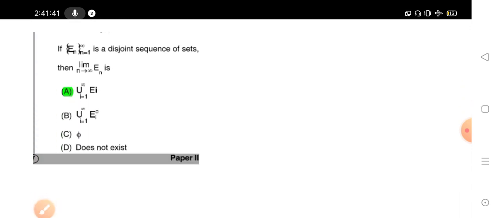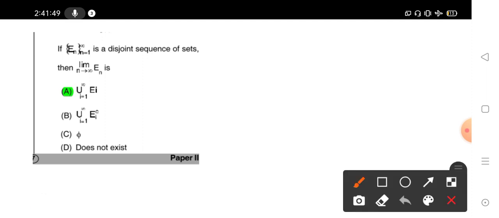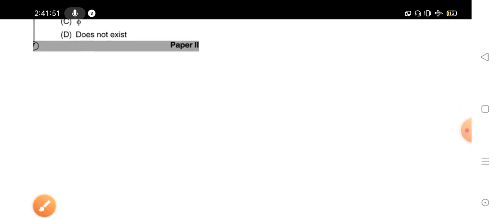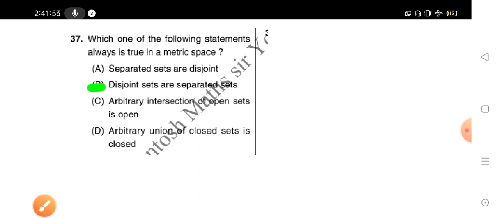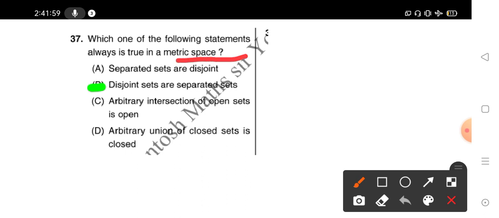Next question. If En is a disjoint sequence of sets, then limit n tending to infinity of En, option A is correct. Next question. Which one of the following statements is always true in metric space?